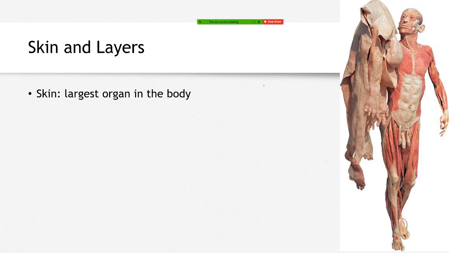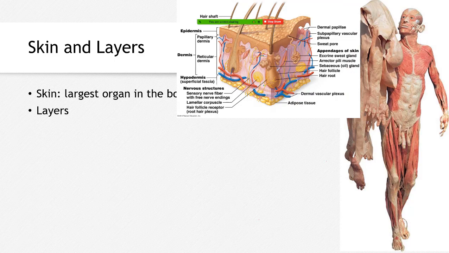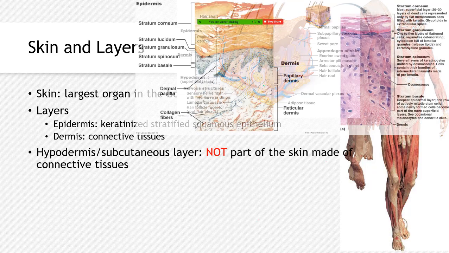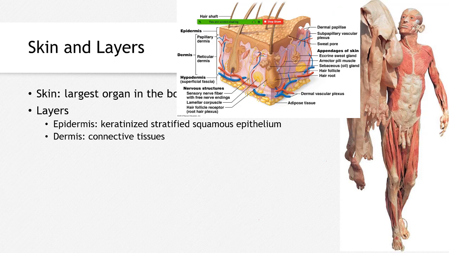Okay, the skin is the largest organ in our body. It has two layers. It has the epidermis, like we said, made of this keratinized stratified squamous epithelium, and a dermis, which consists of both the areolar connective tissue and also the dense irregular connective tissue. By the way, if you dissect these words, epi means on the surface or on top.